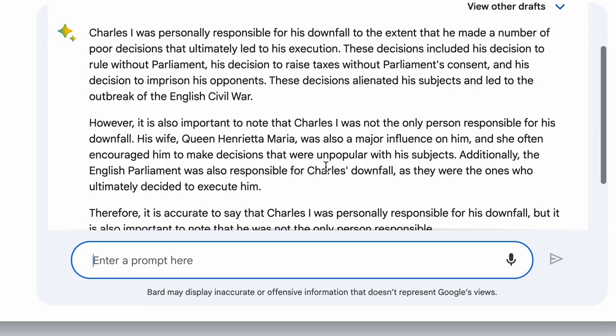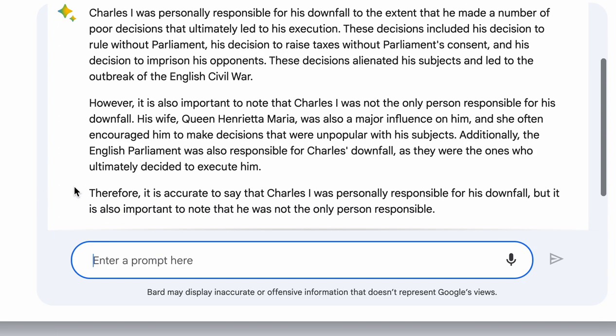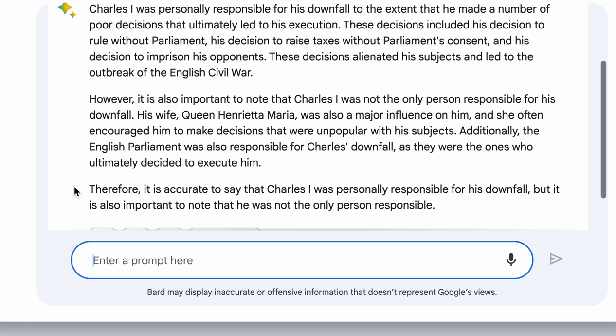So, made a number of poor decisions. Okay. So it gives a reasonable response, doesn't it? It's got a paragraph for, a paragraph against, and a very limited conclusion.